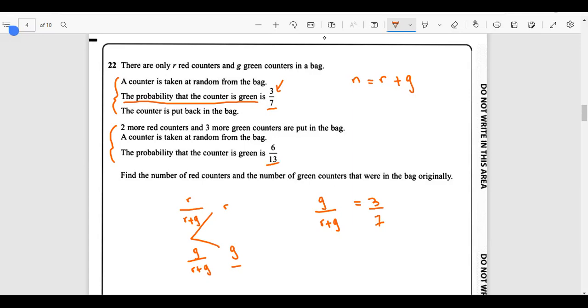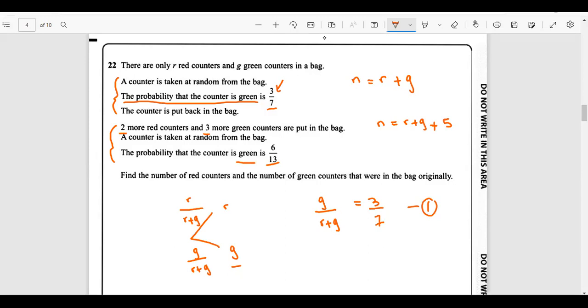I've told you how to make this equation using the first scenario. Initially, N was R plus G, and now they have added 2 more red and 3 more green, so in total 5 more counters. So N is going to be R plus G plus 5. Now you need to find the probability of getting a green counter and equate it to 6 by 13.